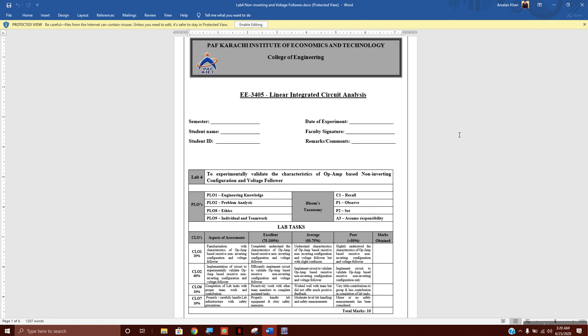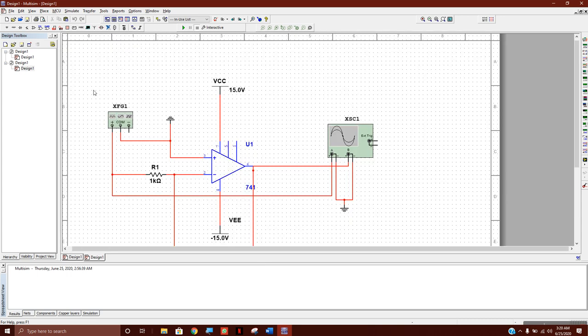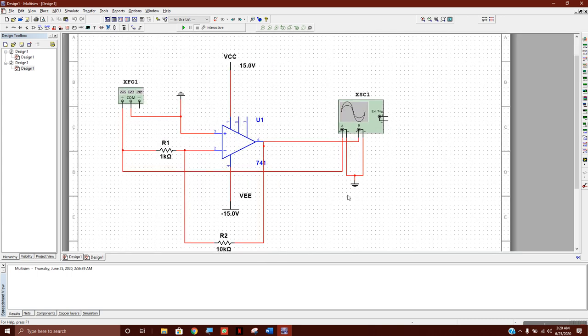Now what is that? Let's take a closer look at it, but first take a look at what we did last time in Lab 3, the performance of an inverting amplifier. It looked like this.